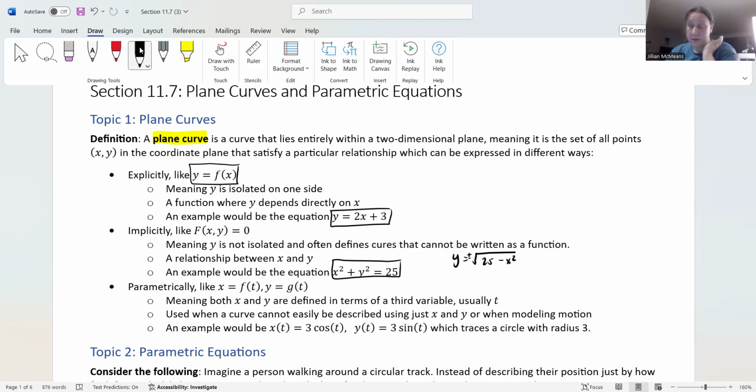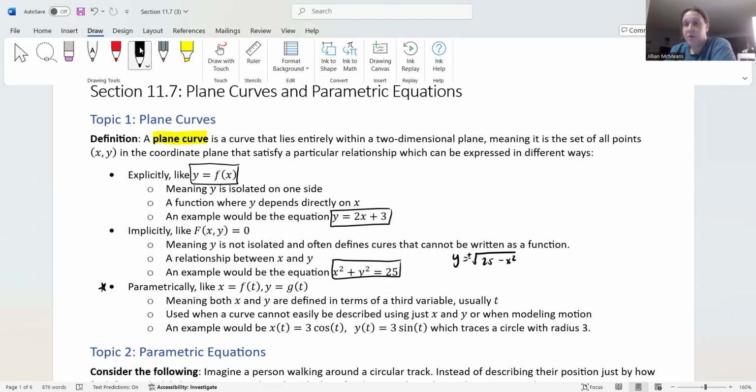Finally, we have the form that's really going to entice us. You can write these plane curves parametrically. Basically we rewrite the equation as two separate equations, one for x and one for y, based entirely on a third variable, generally t. We would write x equals f of t and y equals g of t, where t is this third variable.